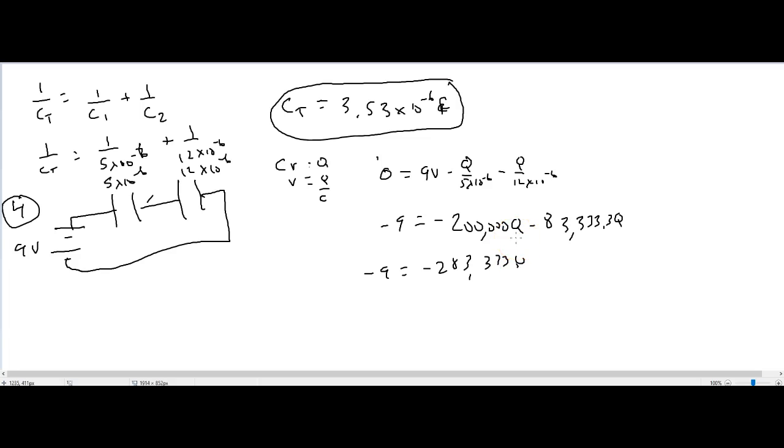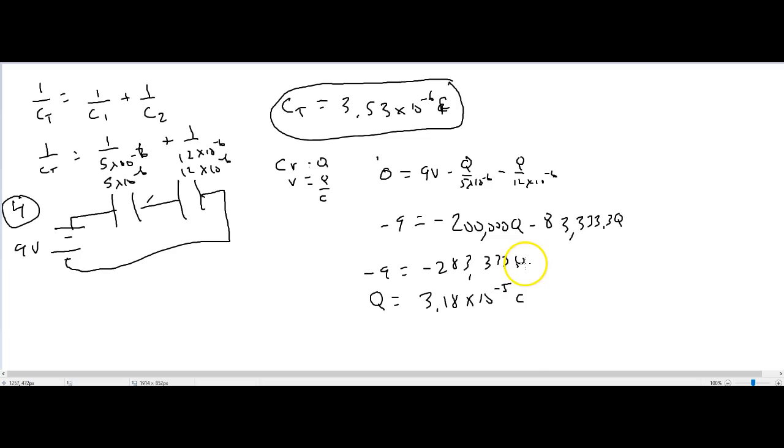So take 9 and divide it by that lovely answer, and the charge that's being stored ends up being 3.18 times 10 to the negative 5th coulombs.